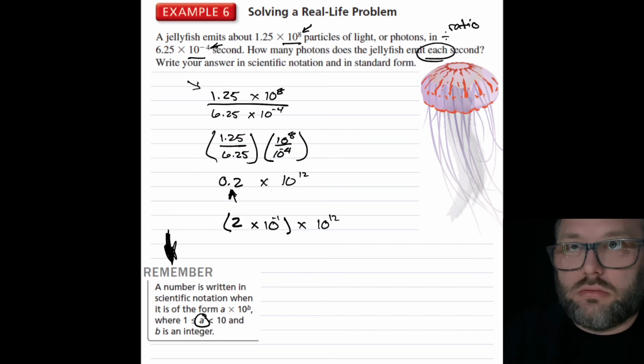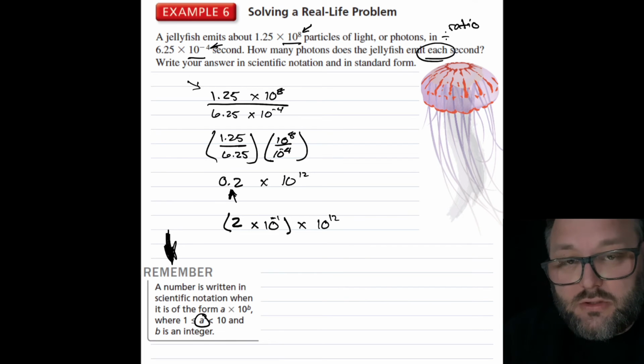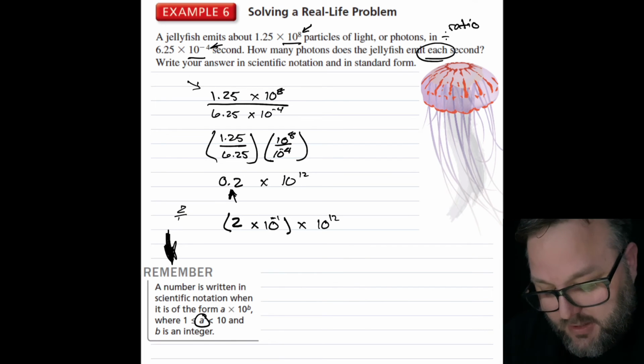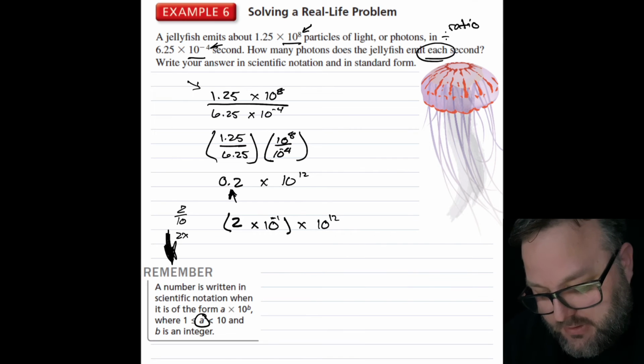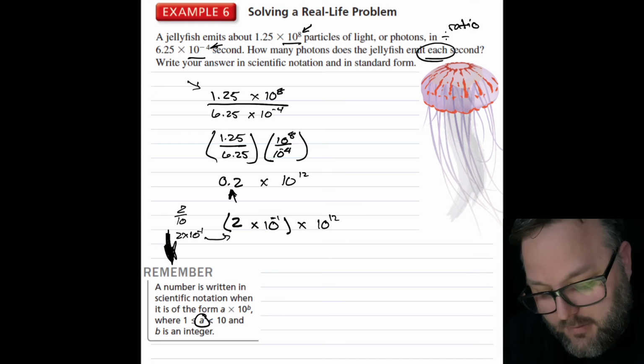Negative first. Got to think here. Since it's got to be negative because it's actually, this is the same thing as 2 divided by 10, which can be rewritten as 2 times 10 to the negative 1st. And that's what I did here. Okay.